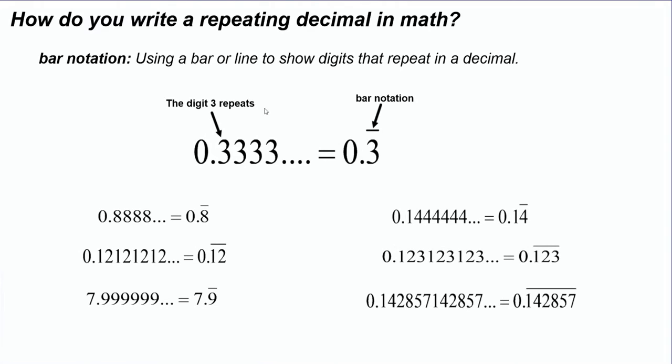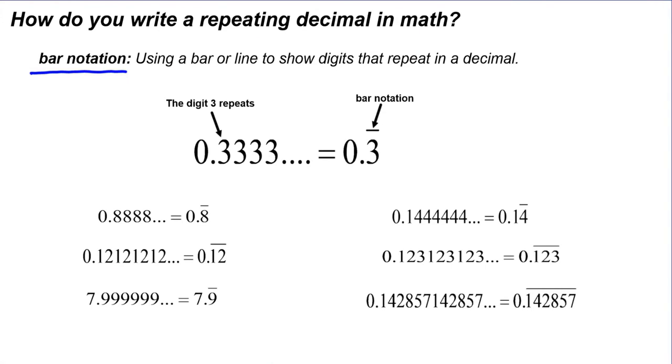So how do you write a repeating decimal in math? Because we can't just keep on writing these digits on and on and on forever. Well, we use what's called bar notation. And bar notation is using a bar or a line to show digits that repeat in a decimal. So for example, that digit that we had that repeated on our last slide, 0.333333, the digit 3 repeats.